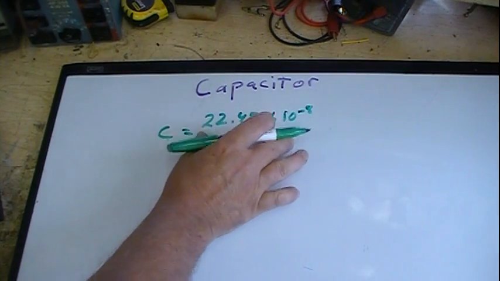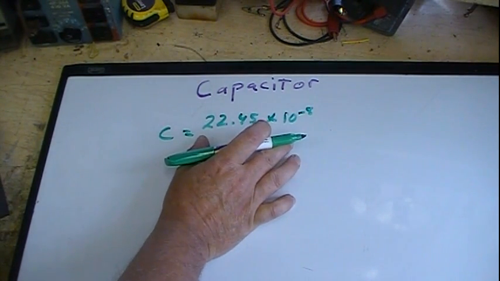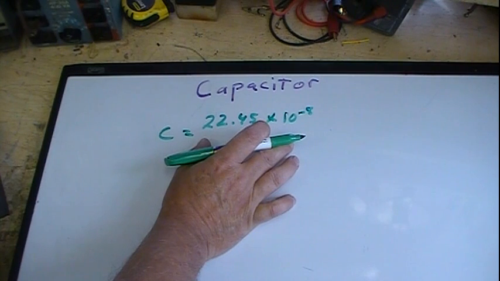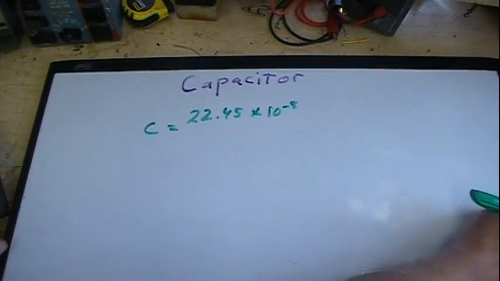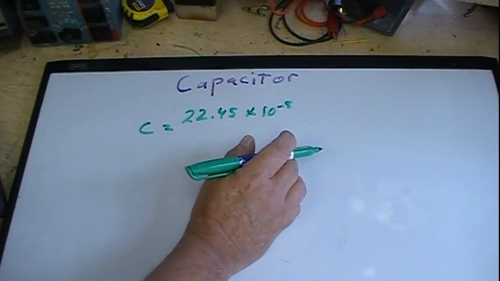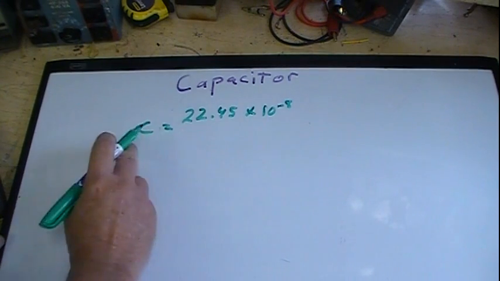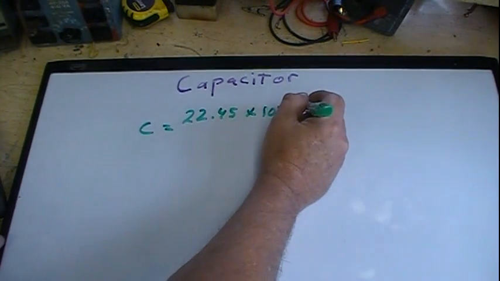Now this is just a constant. It's just a number. What it does is allow all the other information and variables to be in inches. That's what this number is actually doing, and this will bring the capacitance out in microfarads. So capacitance is in microfarads.